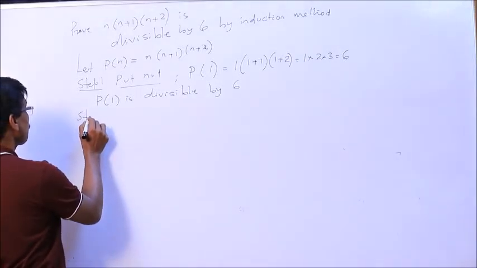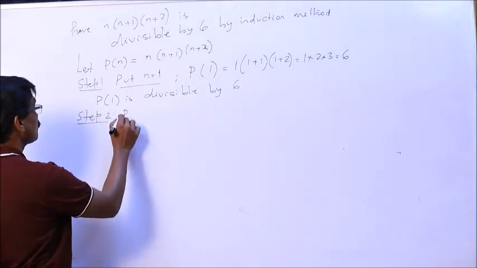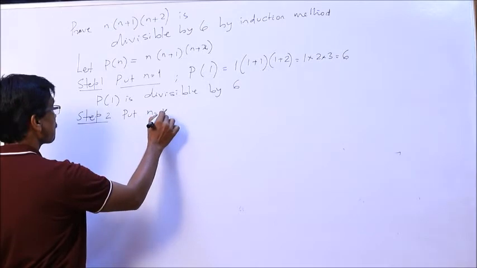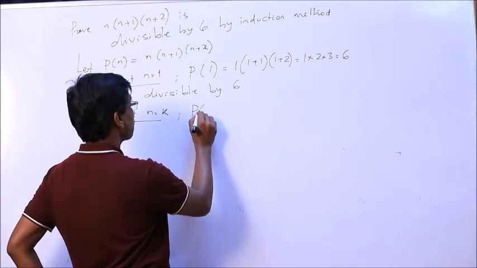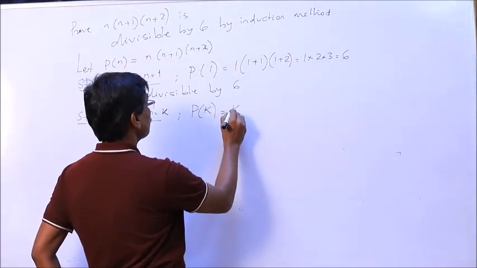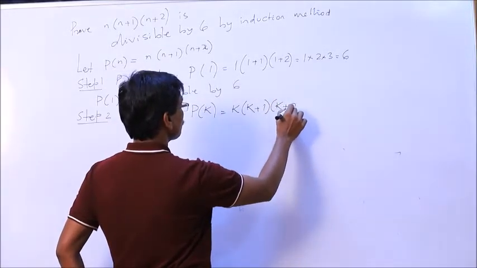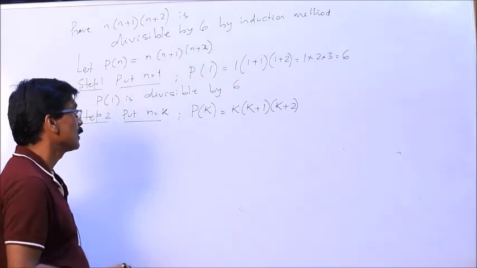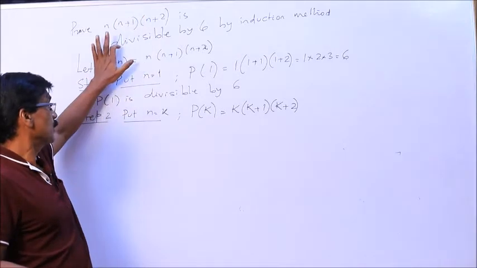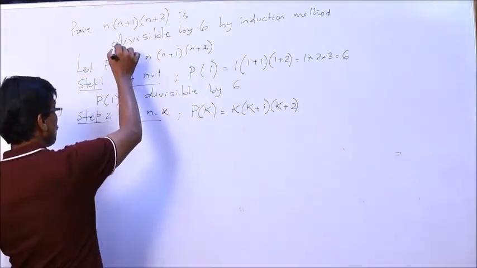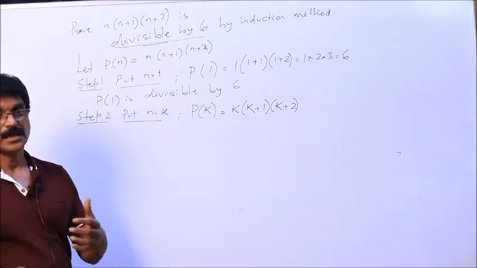Then subsequently the second step, put n is equal to k. Then P k is equal to k into k plus 1 into k plus 2. So, the question is n into n plus 1 into n plus 2 is divisible by 6. So, any number which is divisible by 6 is a multiple of 6.